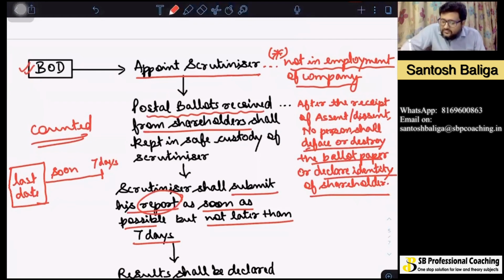So the maximum time is 7 days. It shall be given to the chairman of the meeting.